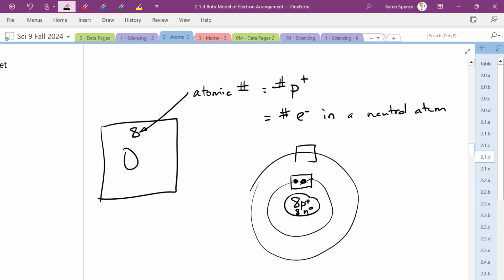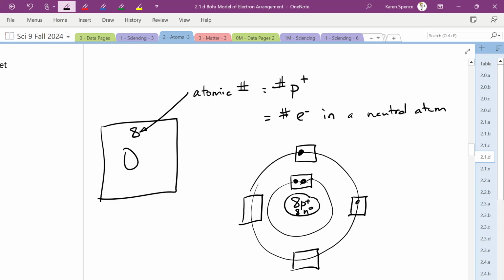If you're drawing it yourself, you can draw these little boxes in. You don't have to draw the boxes, though. The boxes are not necessary. The boxes are there to help you out if you need it. But if you don't need it, you can just draw the electrons. Okay? 1, 2, 3. Where does 4 go? On which side?